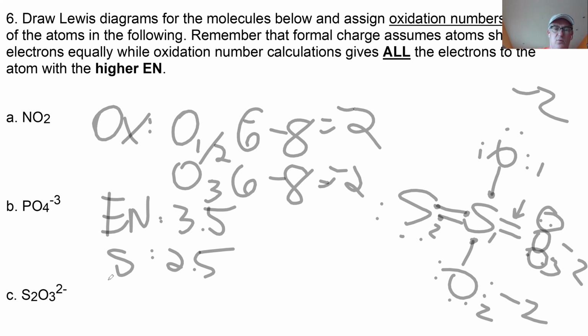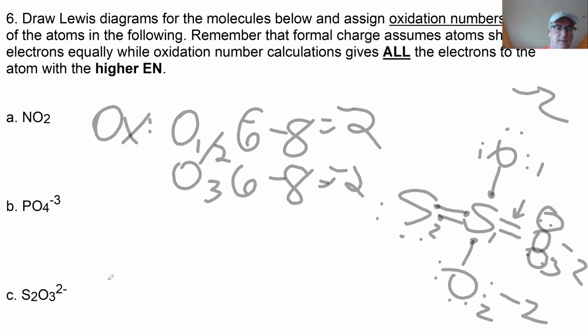Let's do sulfur number 1. It's also supposed to have 6 electrons. How many does it get to keep for itself? 2, right, because it doesn't get to keep any of the electrons in the bonds with the oxygens.